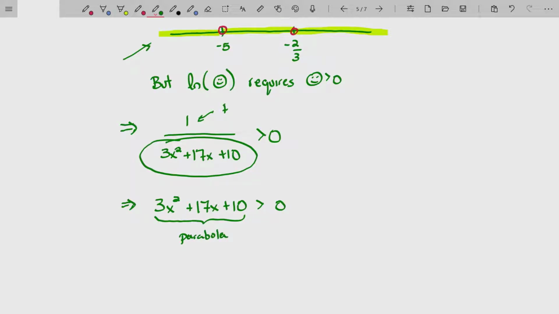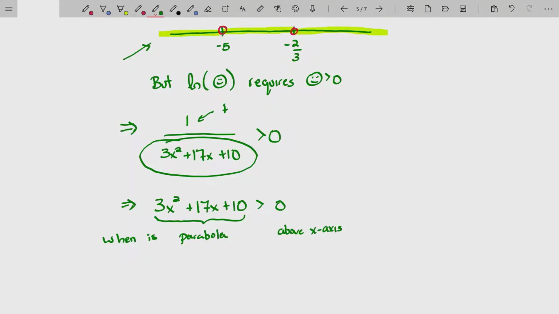And we're asking, when is that parabola above 0? Above the x-axis. So when is the parabola above the x-axis? That's really what that mathematical inequality is asking or stating. It wants to know, when is that parabola above the x-axis?